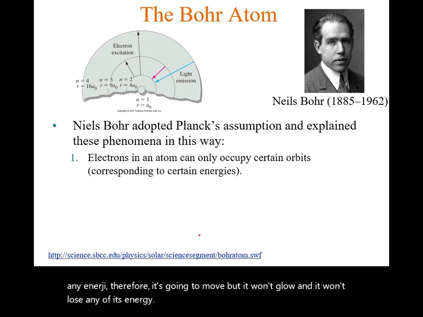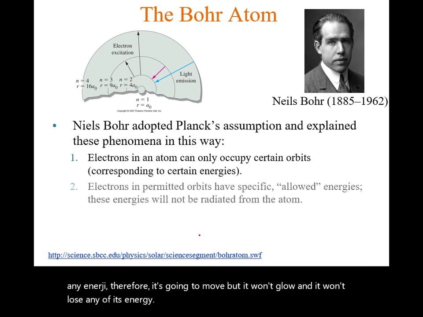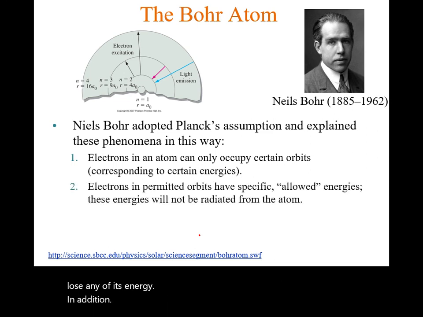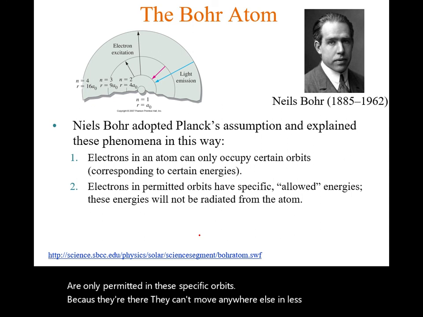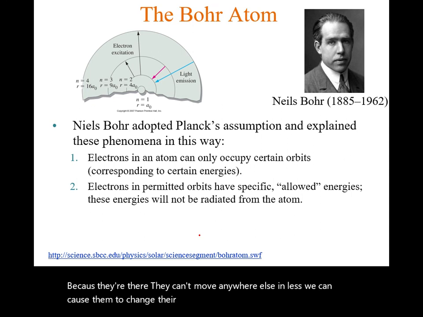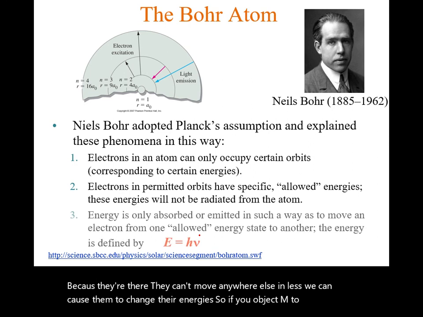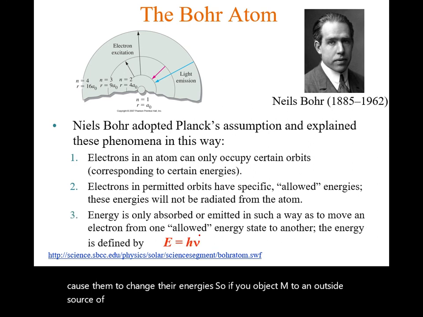In addition, those electrons are only permitted in these specific orbits. Because they're there, they can't move anywhere else unless we can cause them to change their energy. So if you subject them to an outside source of energy, you're going to cause those electrons to absorb that energy and leap to another energy level.